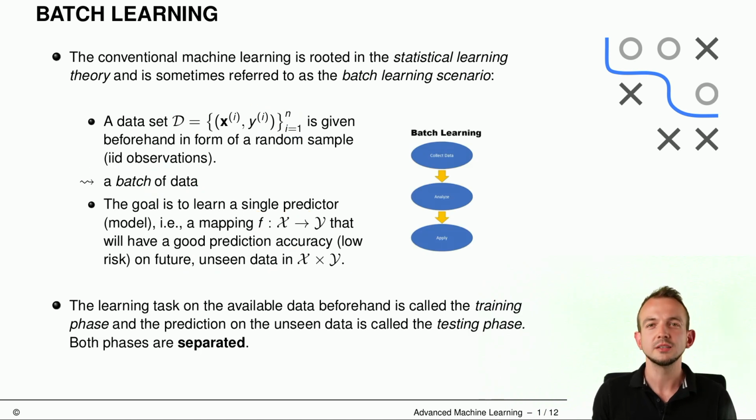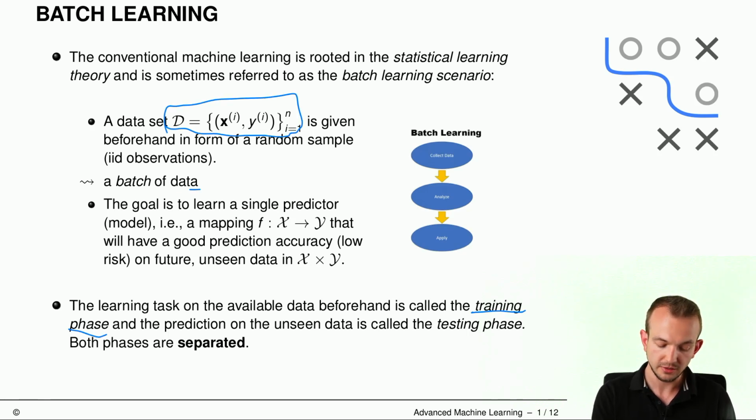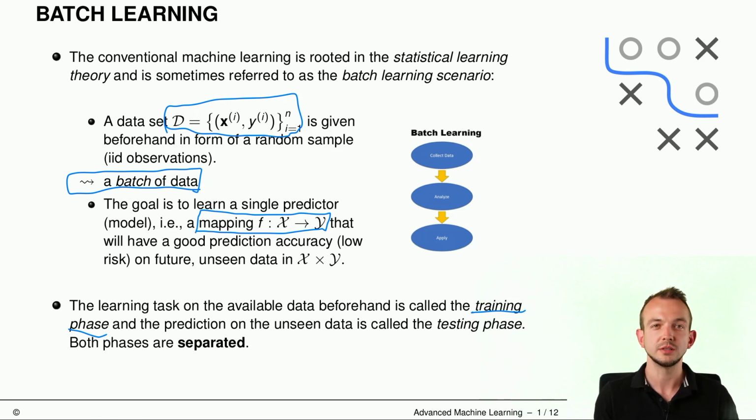If we look at this process overall, we can illustrate it as follows, in the sense that we have two separated phases. The one is the training phase, where we look at our batch of data and try to find out which model is suitable for this batch of data, which is somehow representative for the learning problem at hand.